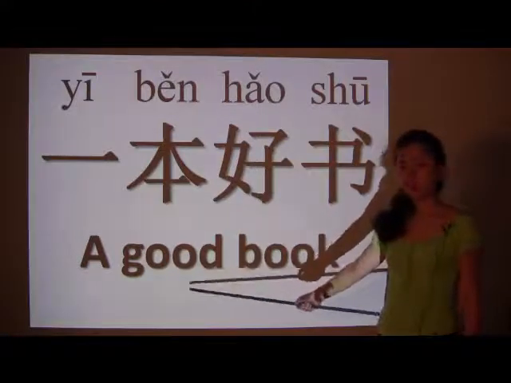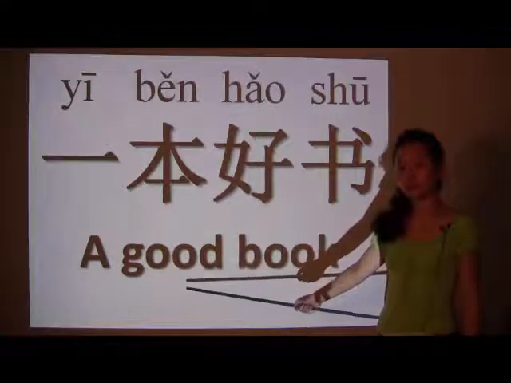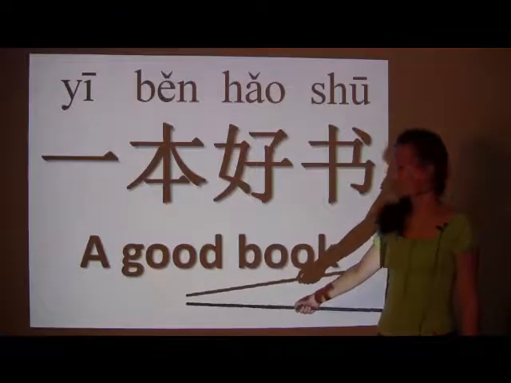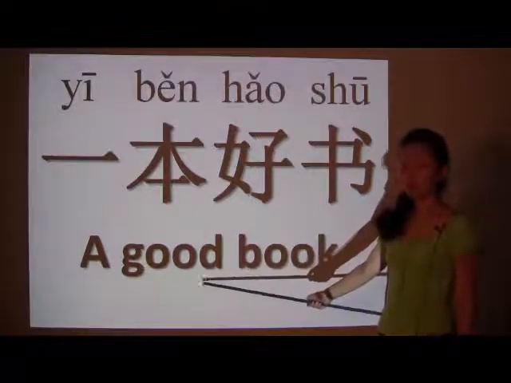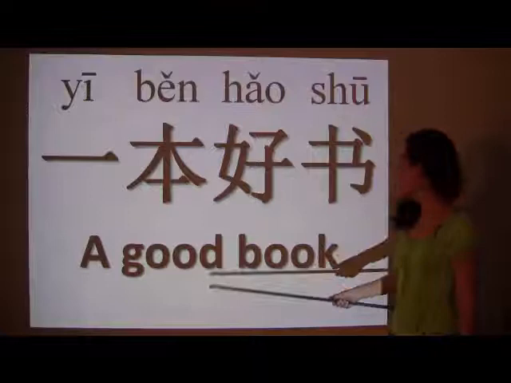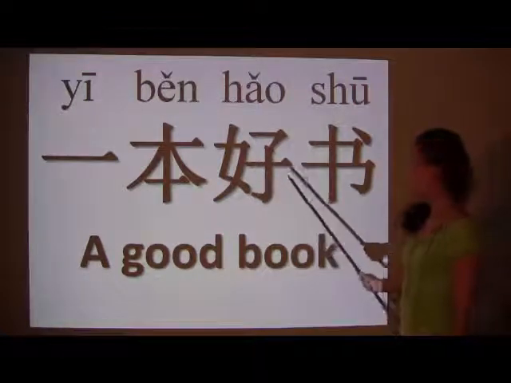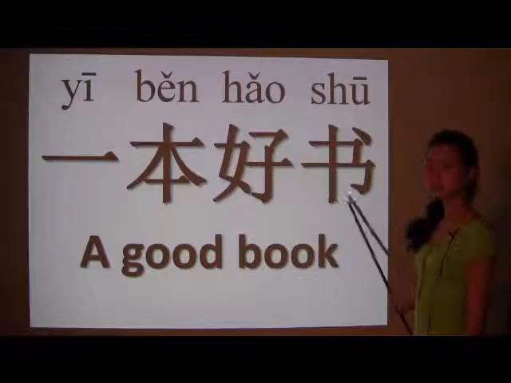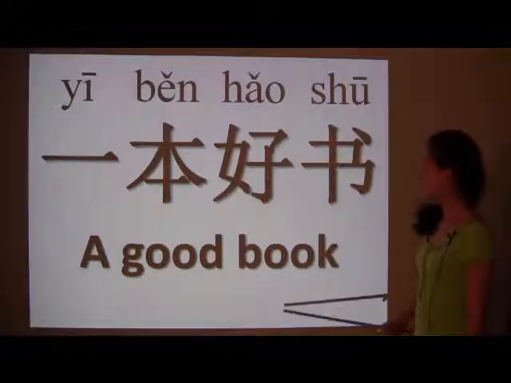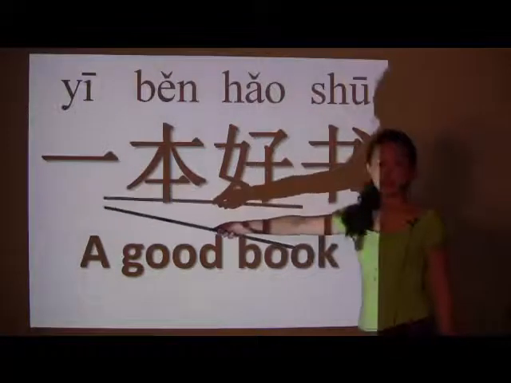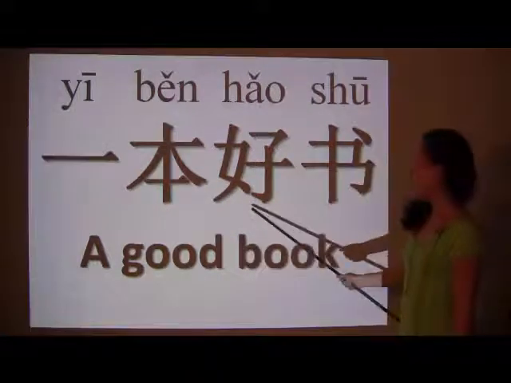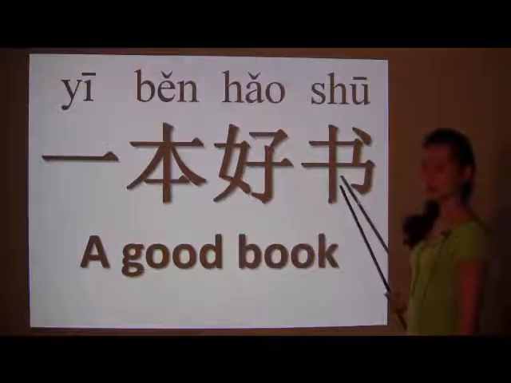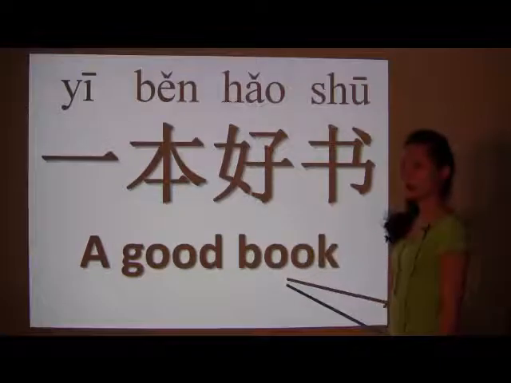The adjectives go before the noun that they're describing, just like in English. So how do you say good in Chinese? Why, that's 好. And then you have your subject, 书, or your object, 书 for book. Together, 一本好书. A good book.